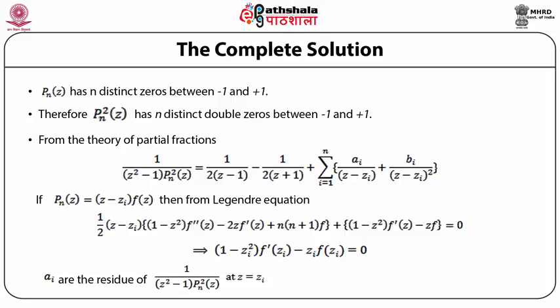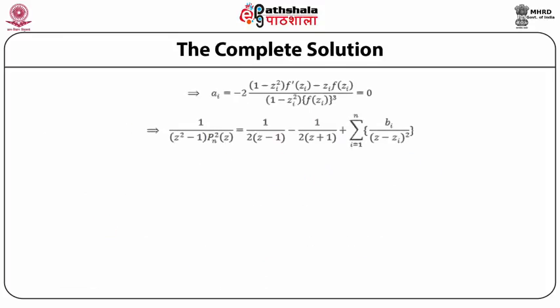Now, the coefficients ai are the residue of 1 by (z square minus 1) into Pn square of z at z is equal to zi. So ai is equal to [(1 minus zi square) into f prime of zi minus zi into f of zi] multiplied by minus 2 divided by (1 minus zi square) into the cube of f of zi.